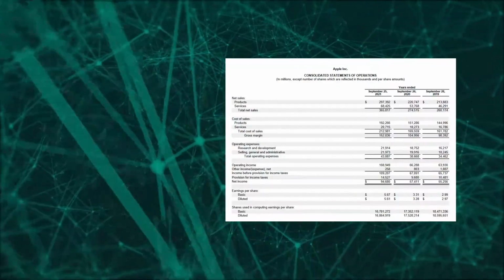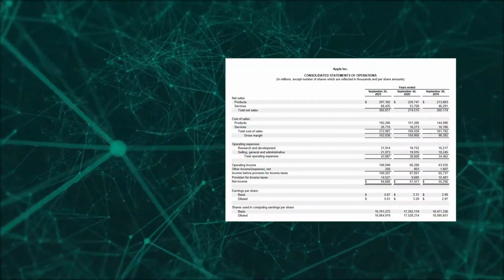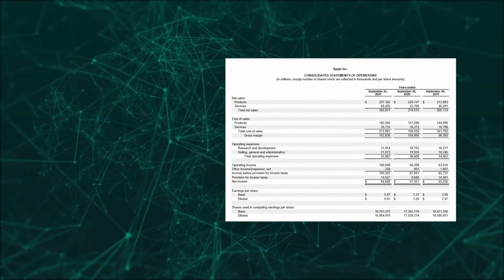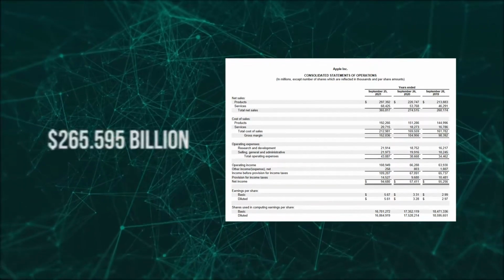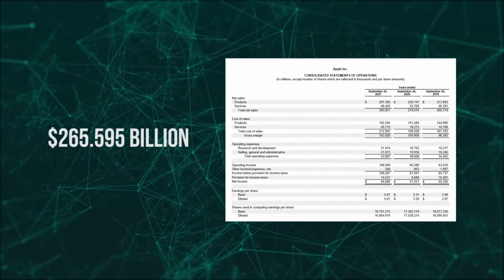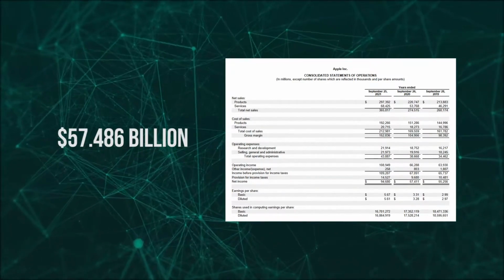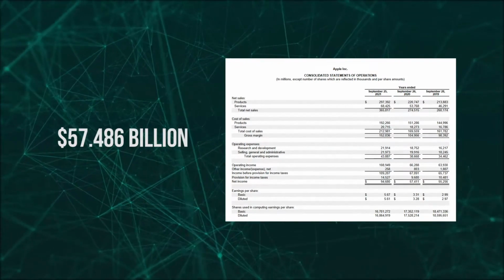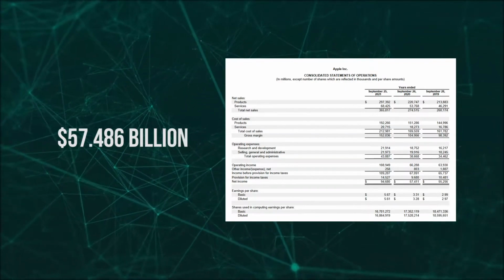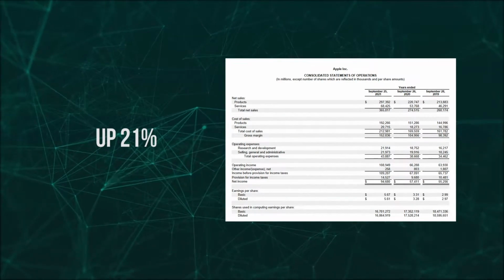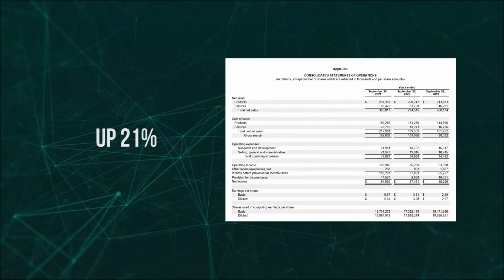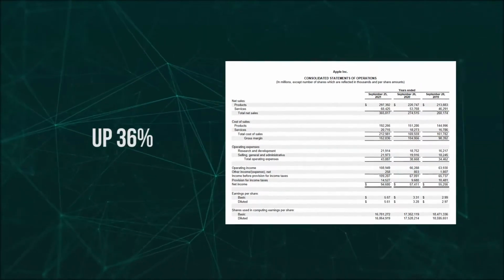Apple Incorporated's income statement for the fiscal year ended September 30, 2022 showed total revenue of $265.595 billion and a net income of $57.486 billion. Apple's total revenue for the fiscal year was up 21% from the previous year, while its net income was up 36%.